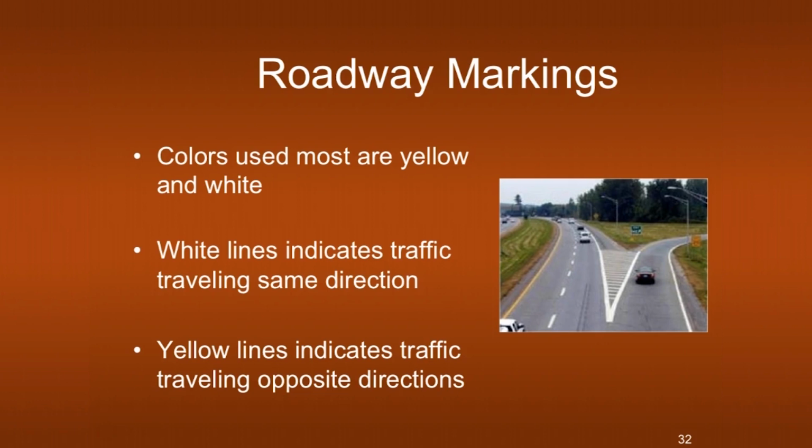There's a median on the other side, but nonetheless, when you cross over that yellow line, you are in danger of heading into traffic that is coming from the other direction. So white lines, again, traffic on either side of a white line are going in the same direction. The yellow lines will delineate between traffic coming from the opposite direction.